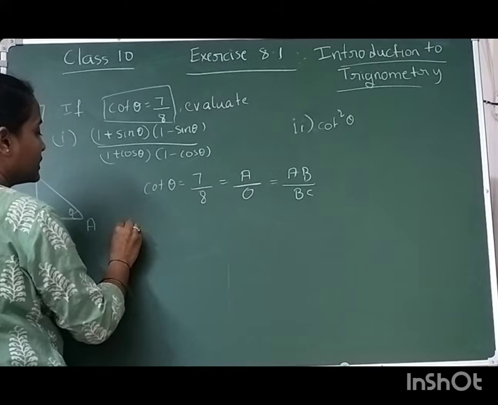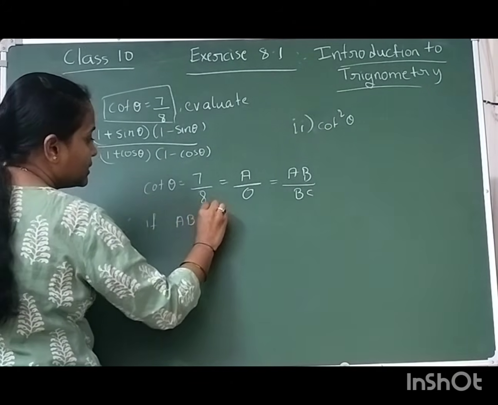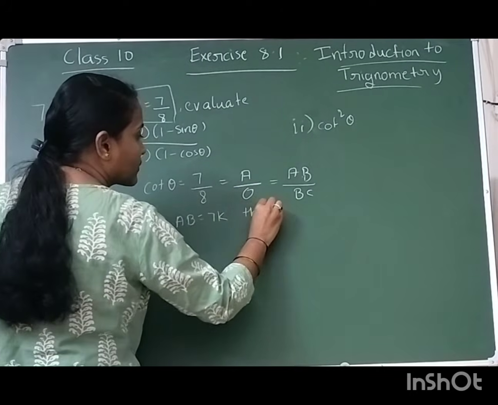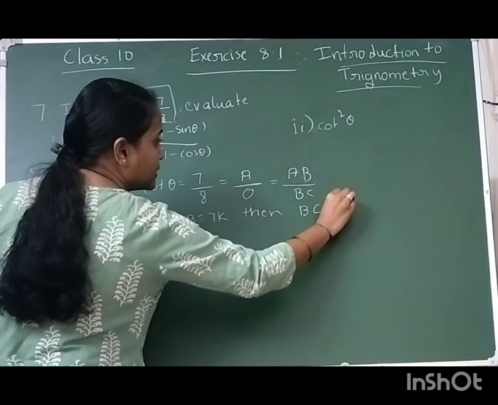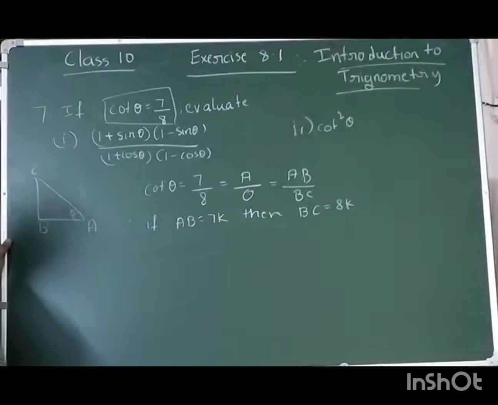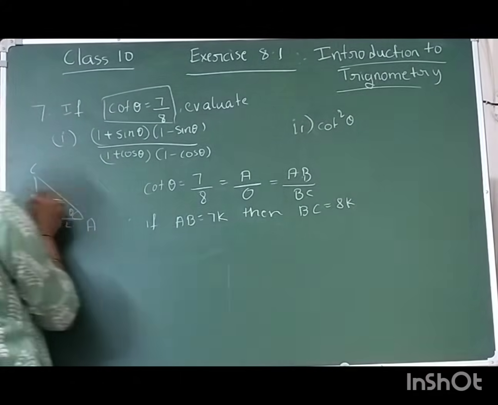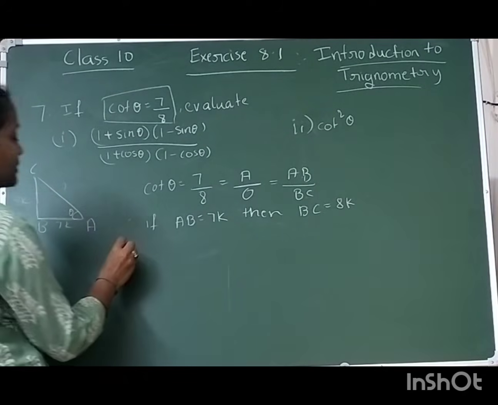So if AB is equal to 7K, then BC will become 8K. We'll write that in the diagram. So AB is 7K and BC is 8K. We need to find out AC now.